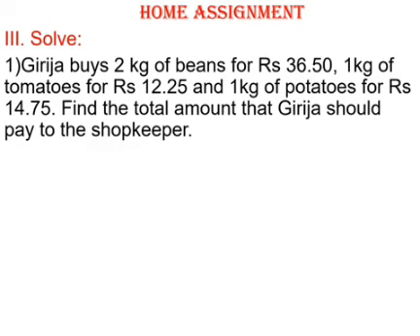Find the total amount that Girija should pay to the shopkeeper. So here, first you are going to frame the statements: cost of 2 kg of beans, cost of 1 kg of tomatoes. Then you are going to find the sum of that, the total for this question.